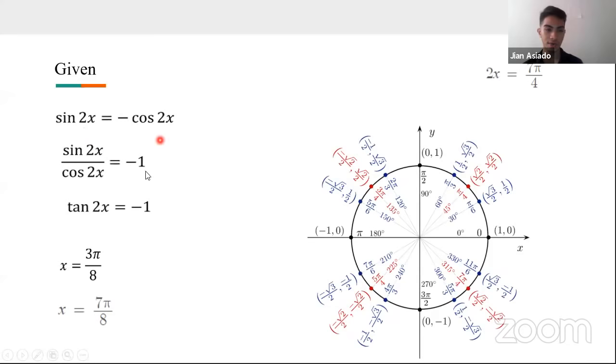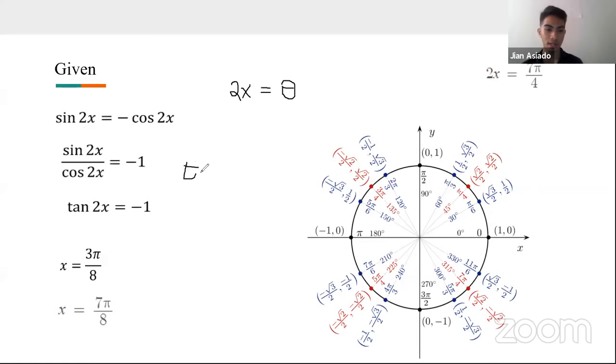So here, we divided by cosine 2x and moved it over, so this becomes tangent 2x. Now, what I usually do when it looks complicated is replace 2x with, for example, theta.